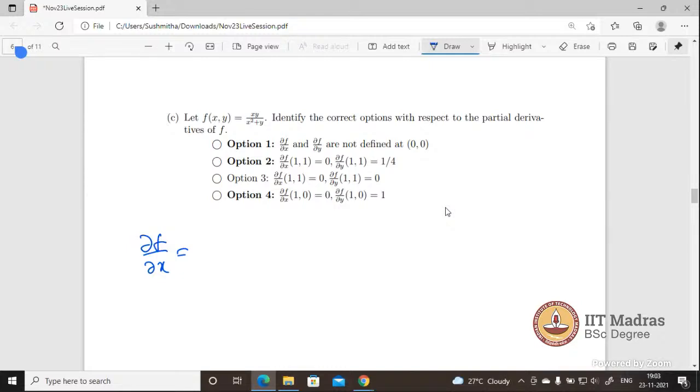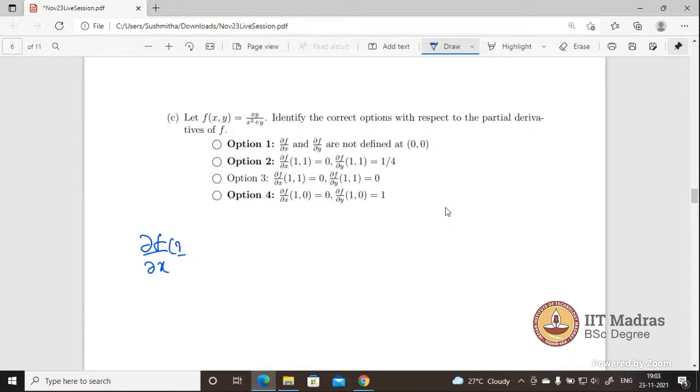Yes. How do I differentiate? Same as we did in the last question. We can take 0 plus h and then... No, I'm not talking about 0, 0. I'm talking about in general.